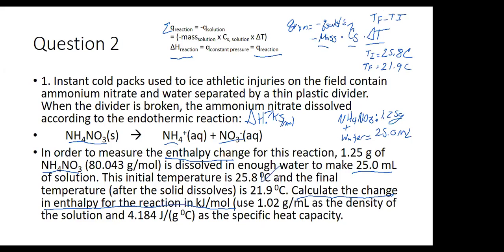So that's good. Use 1.02 grams per mil as the density. So the density of this equals 1.02 grams per mil. And the specific heat capacity is 4.184. All right.